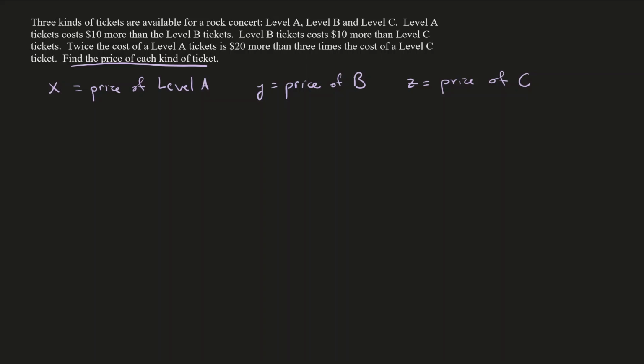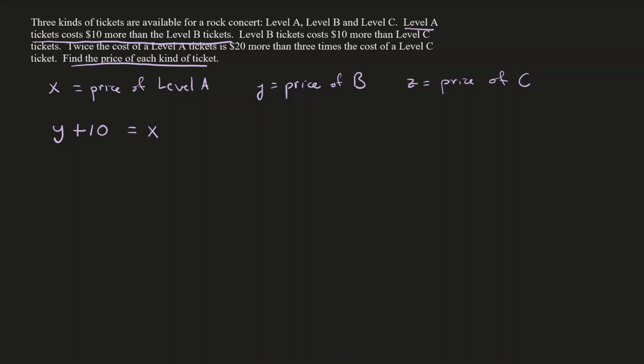So the first sentence here, level A tickets cost 10 more than the level B tickets. So if y is the price of the level B tickets, the level A tickets is 10 more than that. So if we add 10 to the level B tickets, we get the cost of the level A tickets.